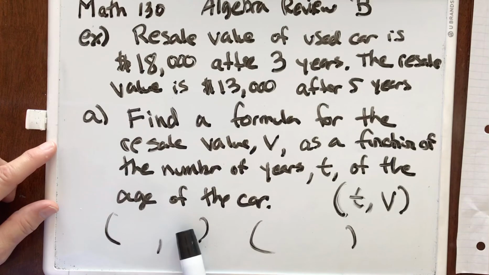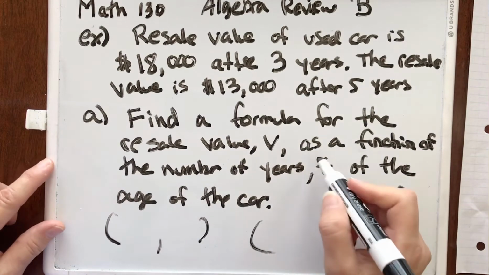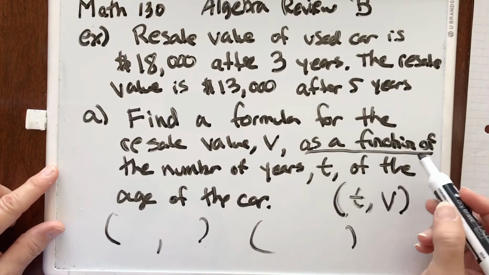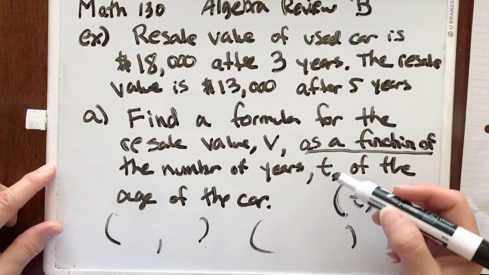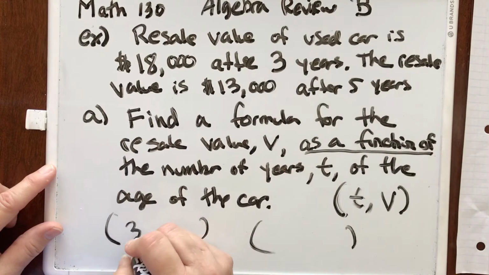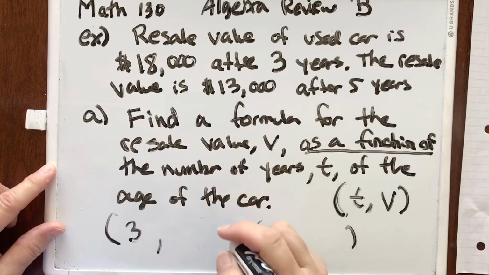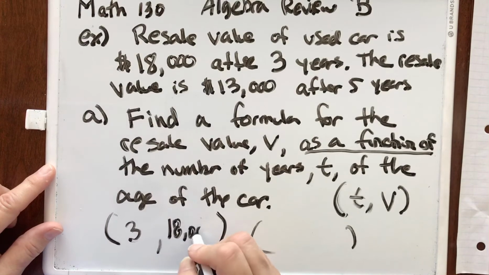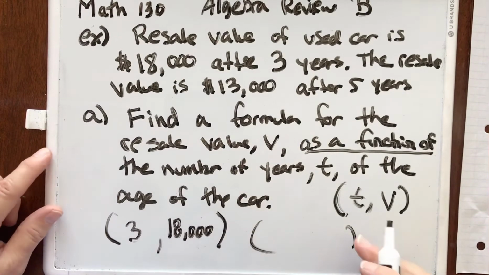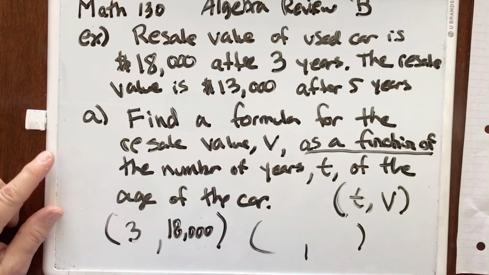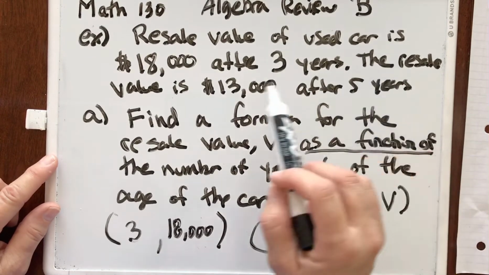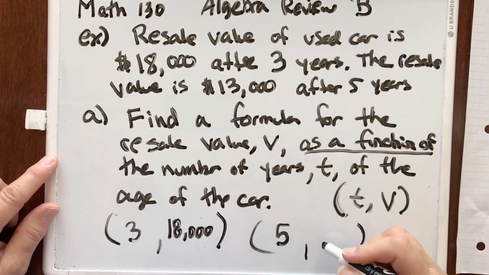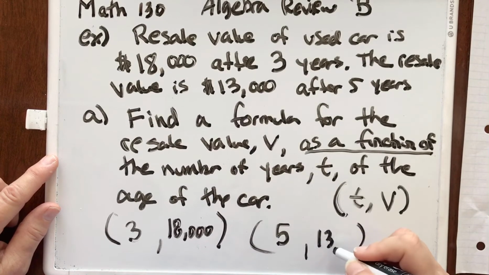Correct, it goes here, because we saw the words as a function of. That's our input after the word of. So T is our input, and in this case, T is 3 years. Our output is the value of the car, 18,000. Then we have another point: the resale value of 13,000 after 5 years. So the years is our input, the value is our output, 13,000.